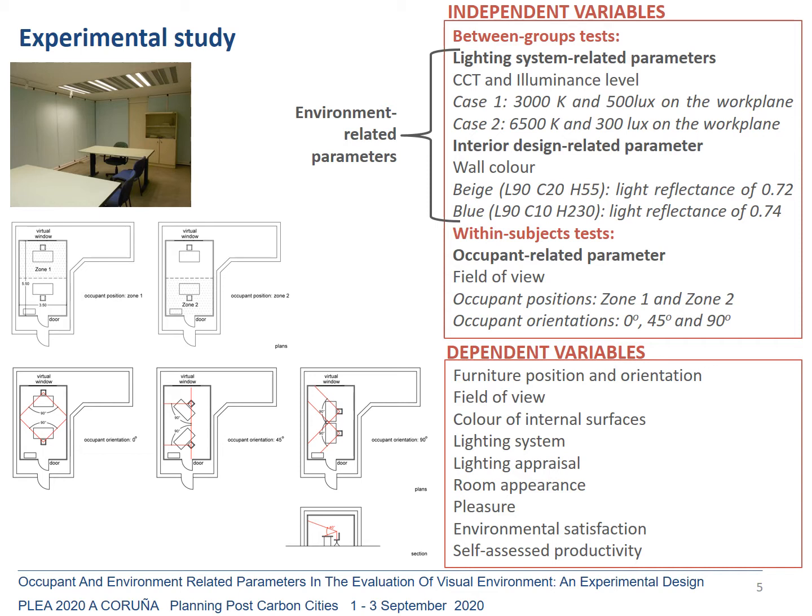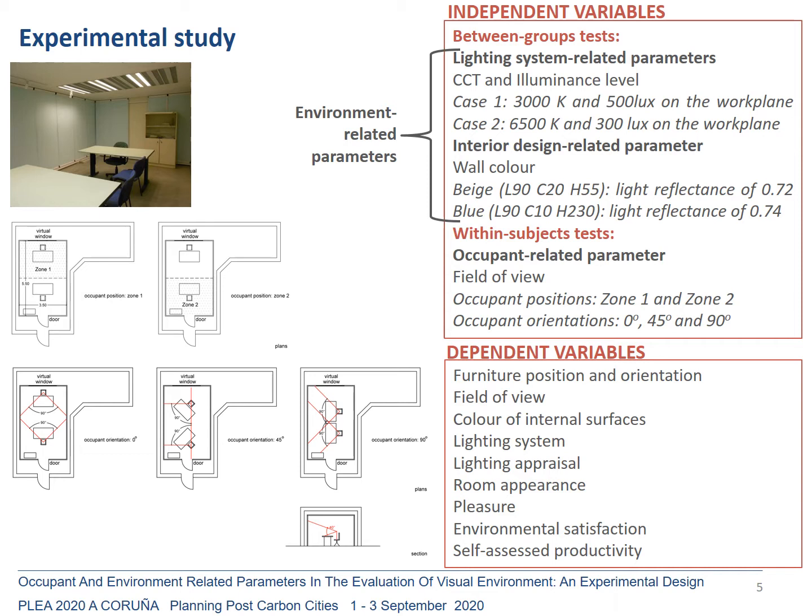These were lighting system parameters and interior design parameters. As the lighting system parameter, CCT and illuminance levels were investigated as a combination. So low-level CCT with a high-level illuminance level and high-level CCT with a low-level illuminance level. As the interior design parameter, wall color was investigated as beige and blue.